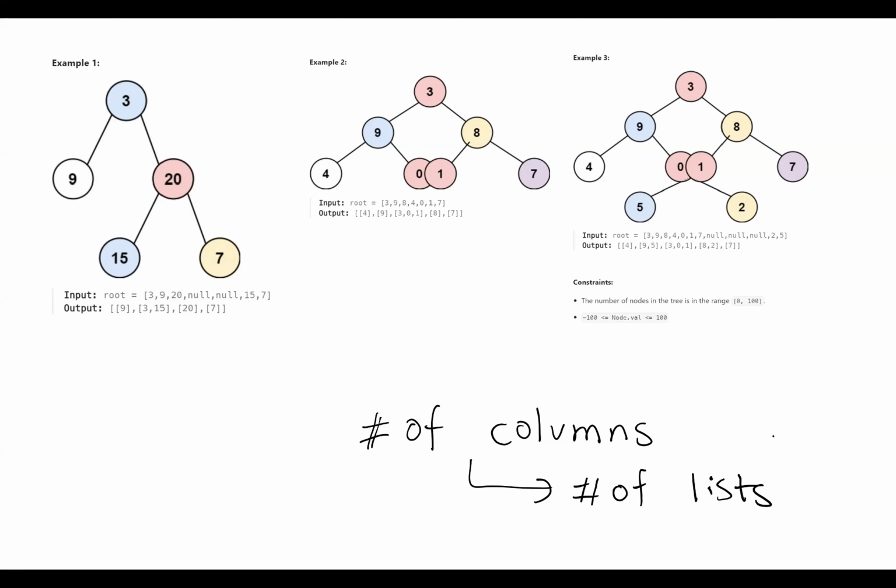Let's look at the third example. This is column 0, the first column, then this is the second column, then the third column, the fourth column, and the fifth column, right? So let's think about this.